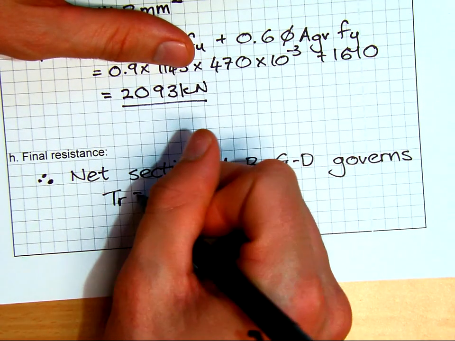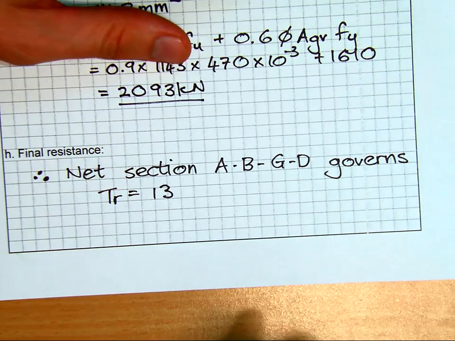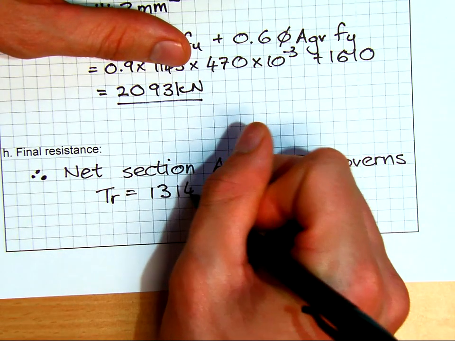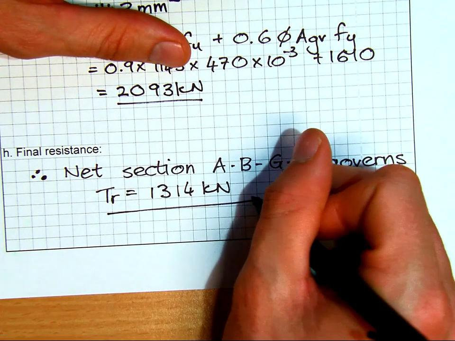And so our tensile resistance is the minimum value we've calculated so far, which is 1314 kilonewtons.